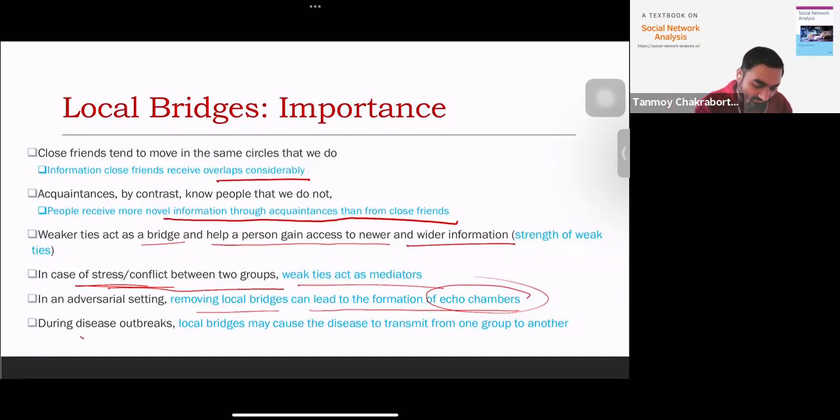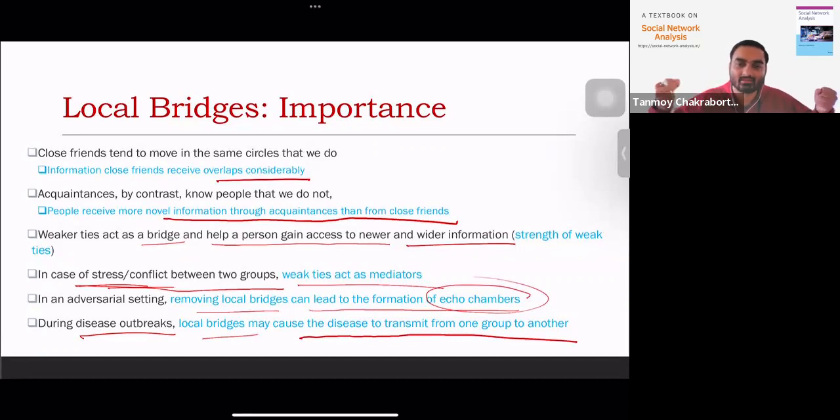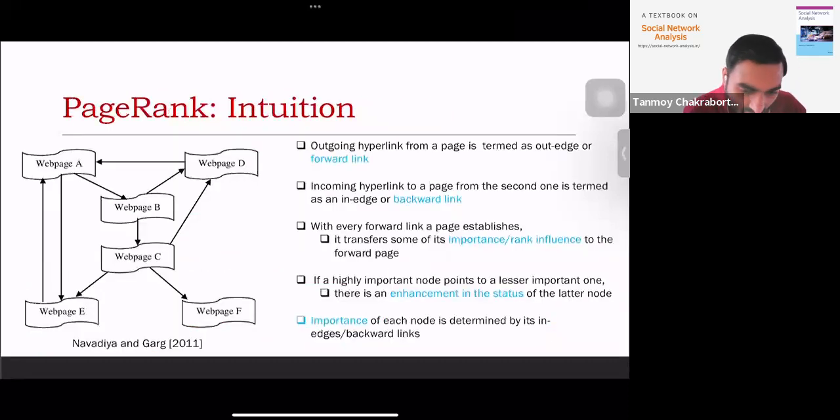Now in case of disease outbreak, these local bridges may cause the disease to transmit from one group to another. This is very important. Therefore your task would be to somehow vaccinate this edge, meaning vaccinate these two endpoints, so that the disease will not spread from one community to another community.